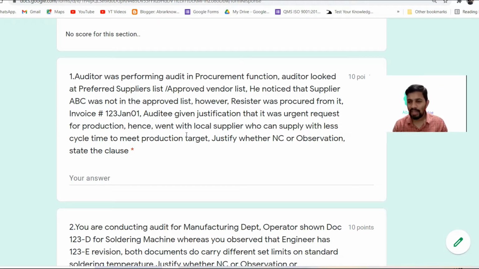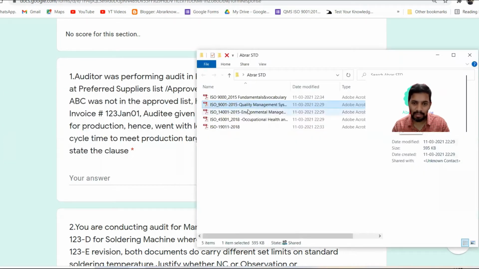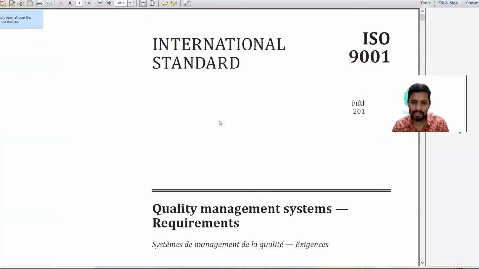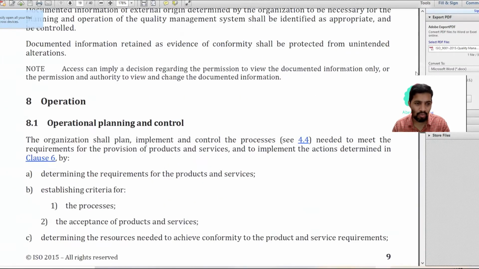The standard is very, very clear on this requirement. If you read clause 8.4, let me also pick up the ISO standard so that we can compare. The standard is very clear. Let me go to 8.4.